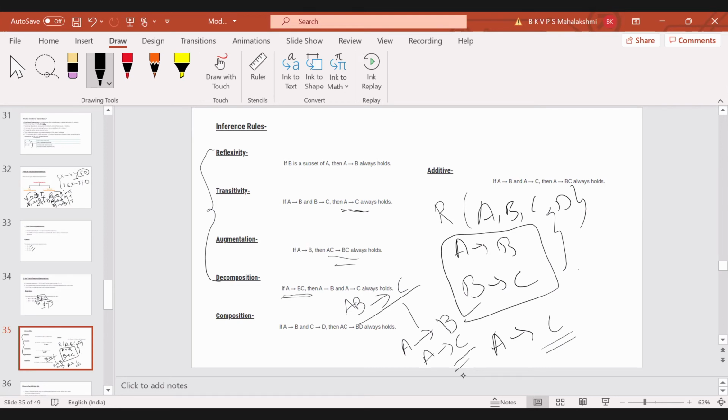I can even decompose. Suppose there is a table consisting of three attributes A, B, C, and among these three, if A is a primary attribute, and you want to decompose this entire relation into two tables, then in each and every table you must include the A attribute. So AB and AC, that's it. And this is decomposition.